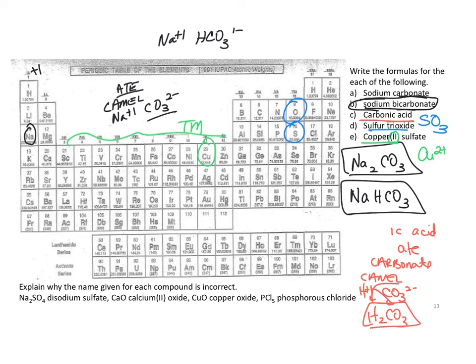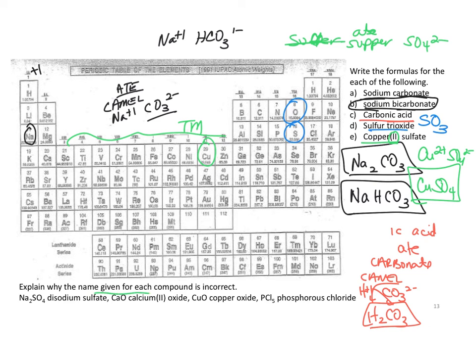Sulfate comes from supper, because it's an -ate. So that's SO4 2 minus, and with the 2 plus, that's copper(II) sulfate.